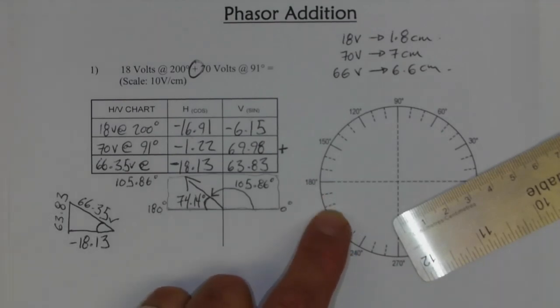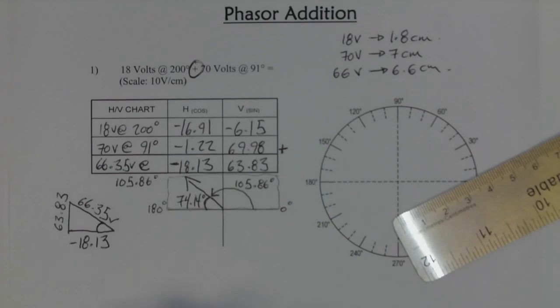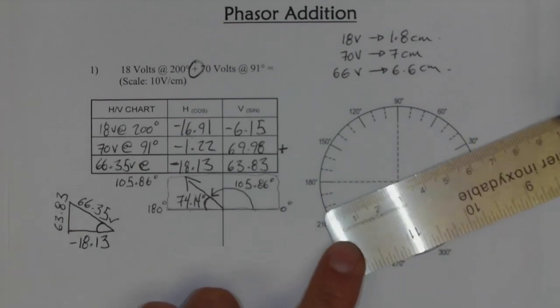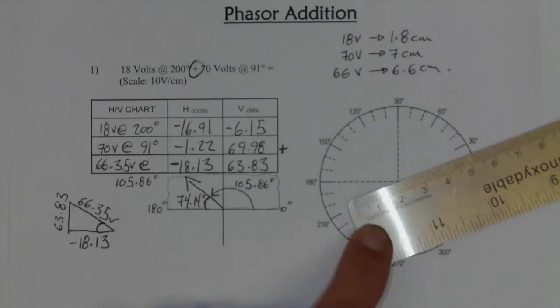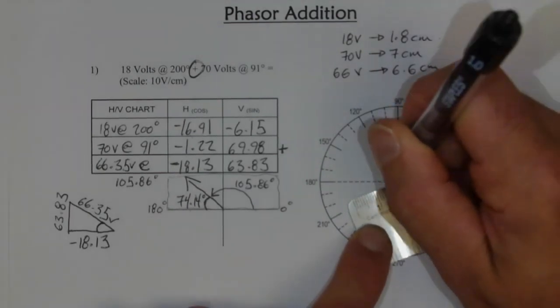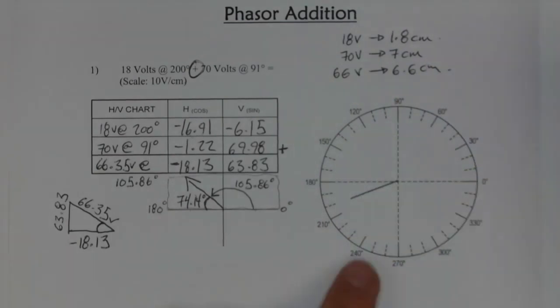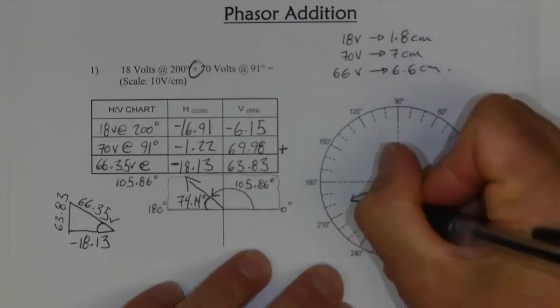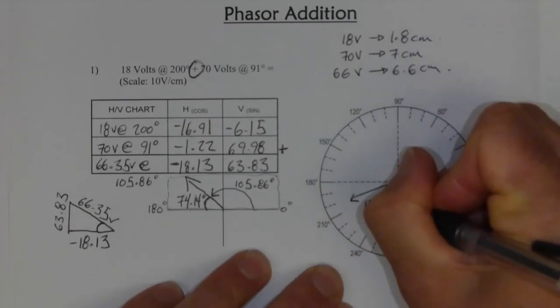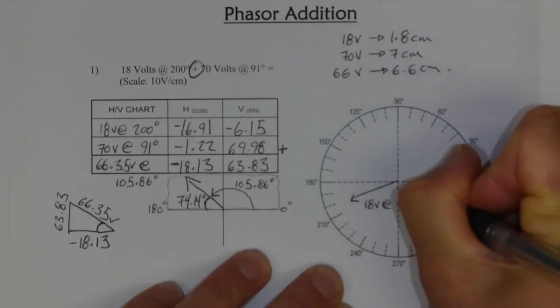So that means that we are at 180, 190, 200, and 210. So 200 would be right about there, right? And 1.8, there we go. Sketch it out. There we go. And there is my vector. And I label it 18 volts at 200 degrees.